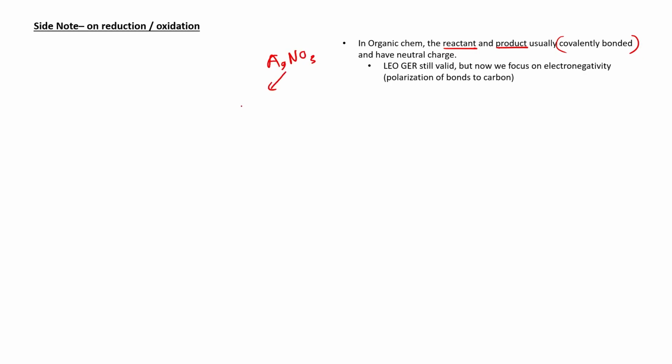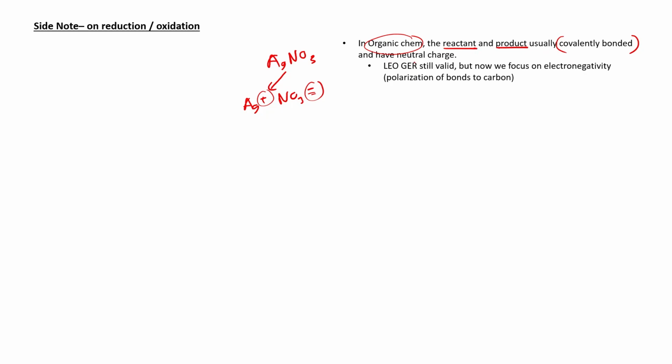AgNO3, when you dissolve it, you get Ag+ and NO3-. But an organic compound doesn't have this charge. You put sugar in the water, it is still sugar. It doesn't dissociate like that.